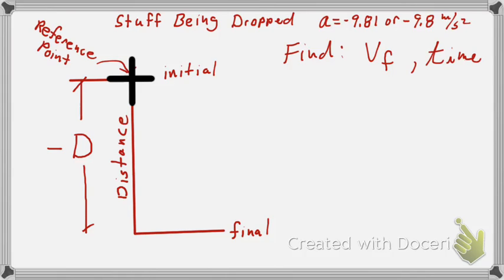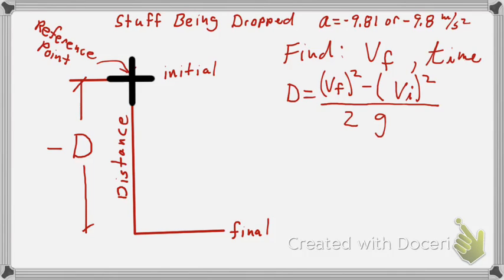Often these problems ask us to find velocity, or they ask us to find time. And I'm going to show you two approaches. One of my favorite things to do when I don't have time is to go to this equation right here, number 5, my go-to equation. This is a very versatile equation. You do have to be a little bit careful in what you plug in for V initial.